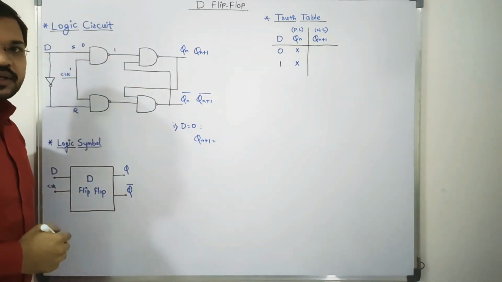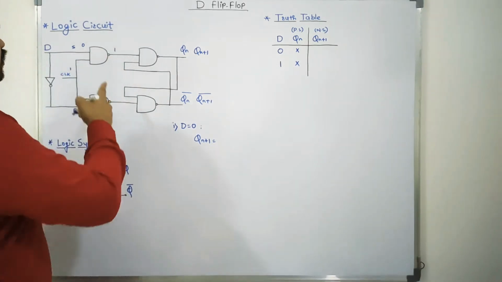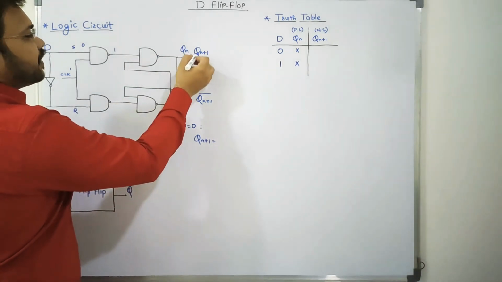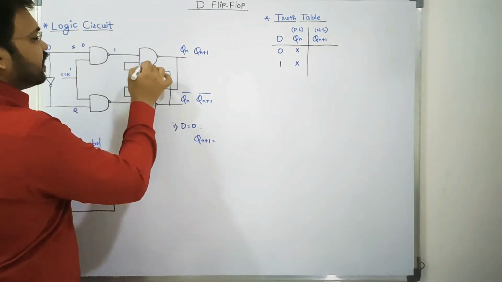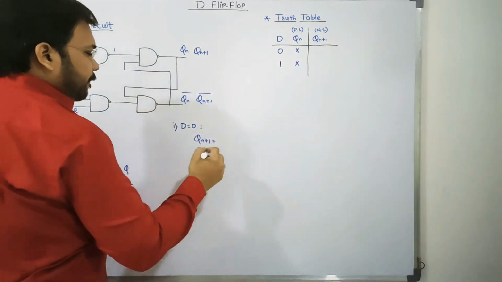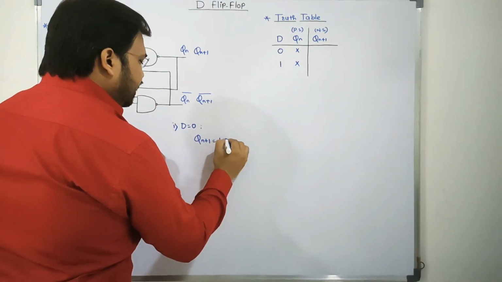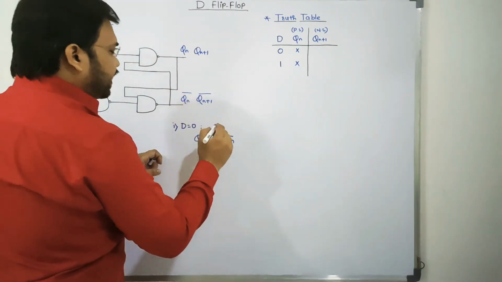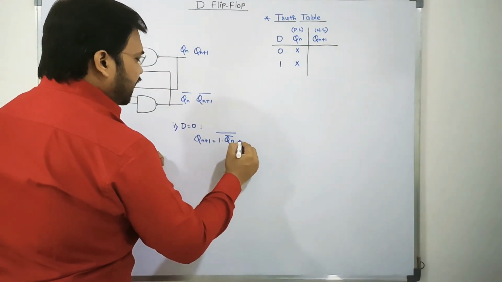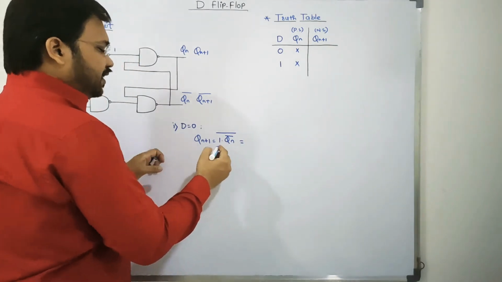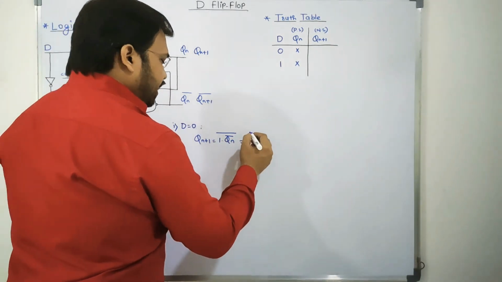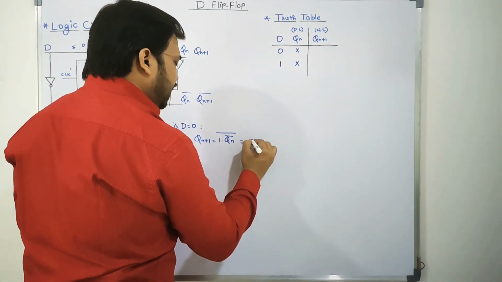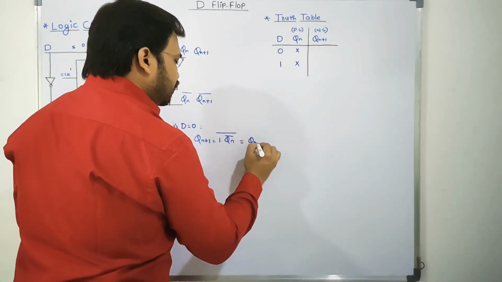The input to this Qn plus 1 gate is 1 and Qn bar, so it is 1 into Qn bar, whole bar, that is Qn.